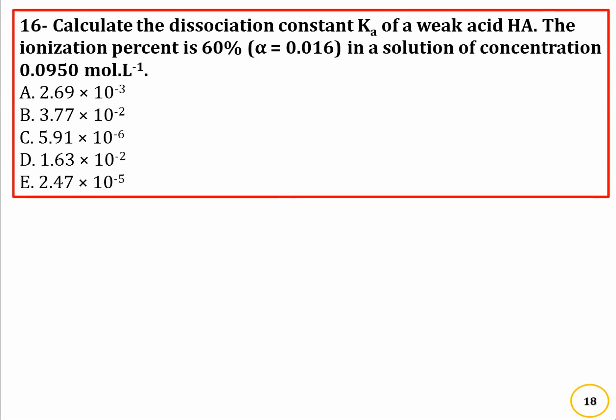Exercise 16, calculate the dissociation constant Ka of weak acid HA. We know the percent ionization 60%, and alpha is equal 0.016, and the concentration of the solution equals 0.0950 molar.